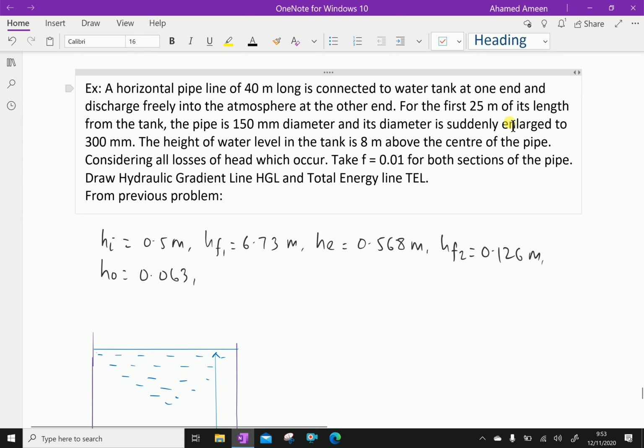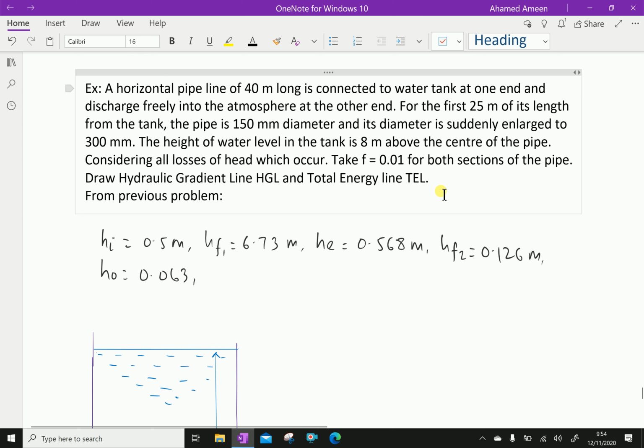For the first 25 meters of its length from the tank, the pipe is 150 mm diameter and its diameter is suddenly enlarged to 300 millimeters. The height of water level in the tank is 8 meters above the center of the pipe. Considering all head losses, take f equal to 0.01 for both sections of the pipe. Draw the hydraulic gradient line HGL and total energy line TEL.